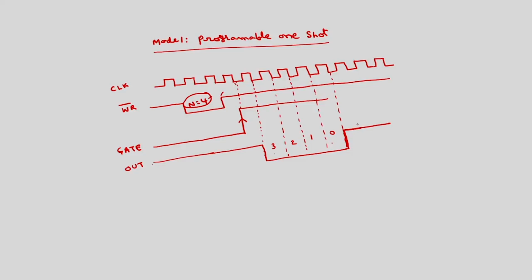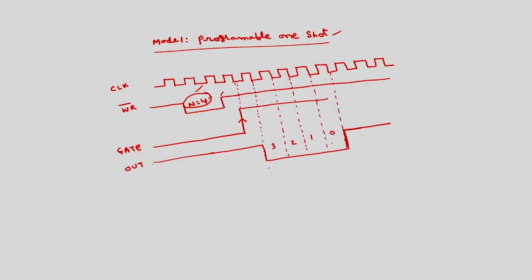Again this will be reloaded with n equal to 4. So, if I make this gate a low to high transition, again n will be reloaded with the same value and again it will go low for these 4 clock signals, then go to high. This process will repeat. So, why is the name programmable one shot?